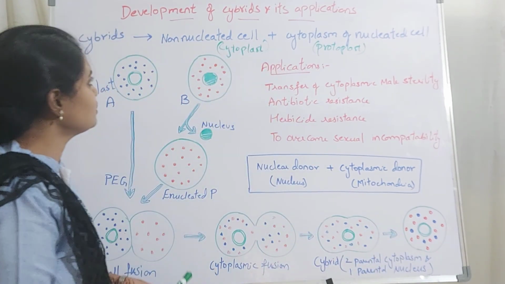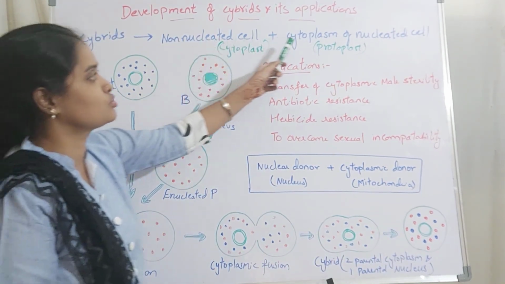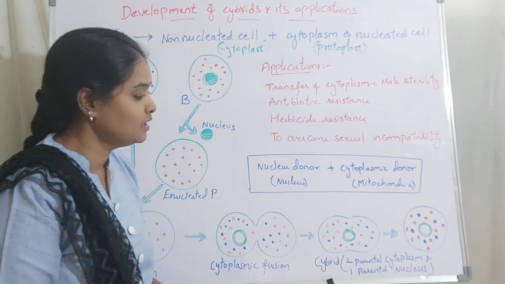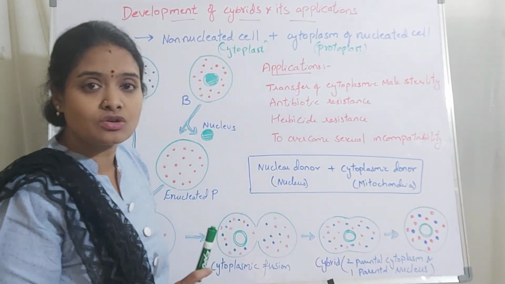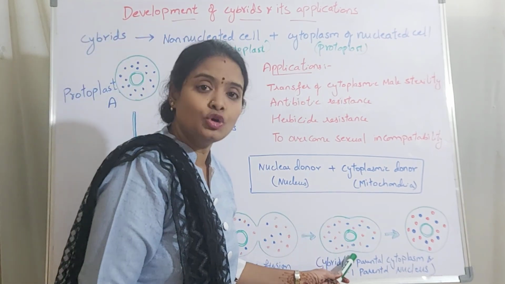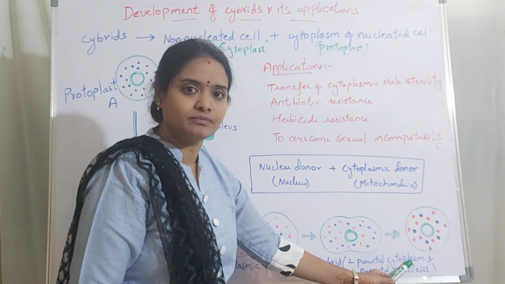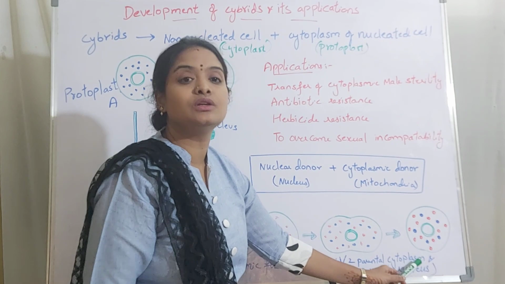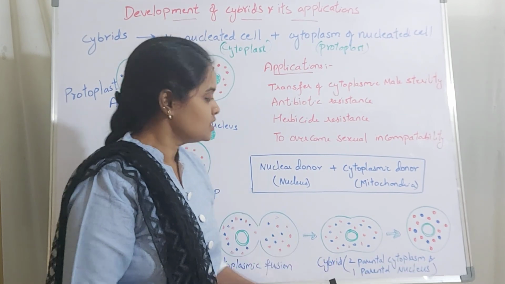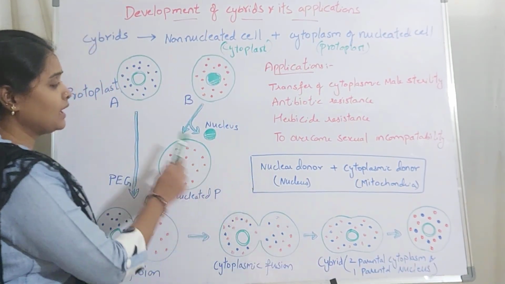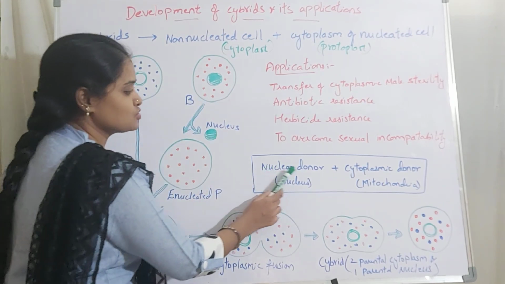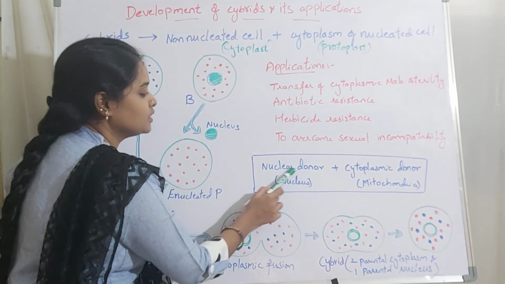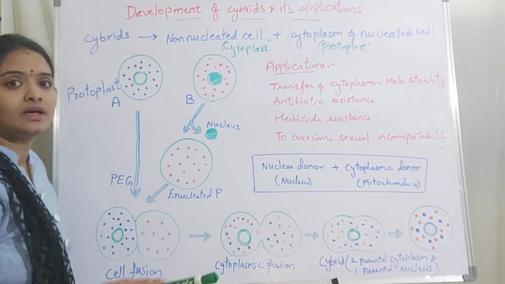So as a result, the cybrid, the protoplast which is formed by fusion of your non-nucleated cell to the cytoplasm of a nucleated cell, consists of two parental cytoplasms and one parental nucleus. Is that clear? So here now you have the donor plants. These two are donors. In the first donor plant, you want the nuclear DNA to get expressed.